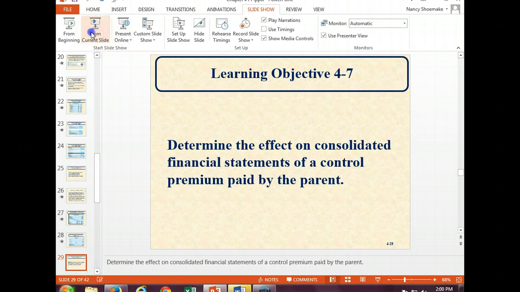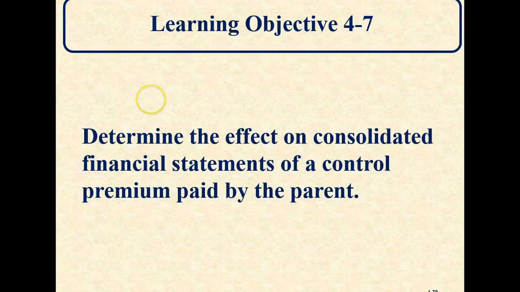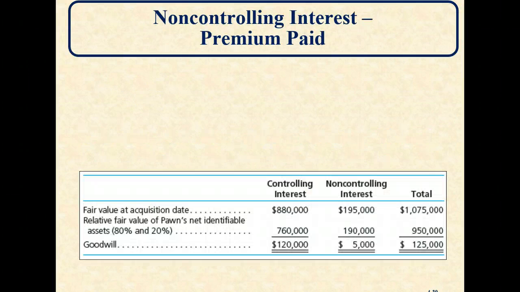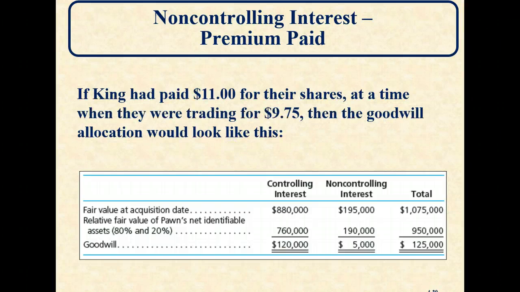When we pay excess because we want control, then what we show here is the fair value. So basically, instead of buying it for just the share price going market rate, we're buying it for excess. So in this scenario, the fair value at acquisition date, instead of paying $9.75 for it, we paid $11 for it.